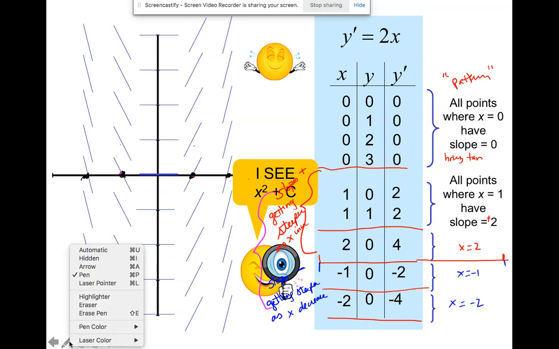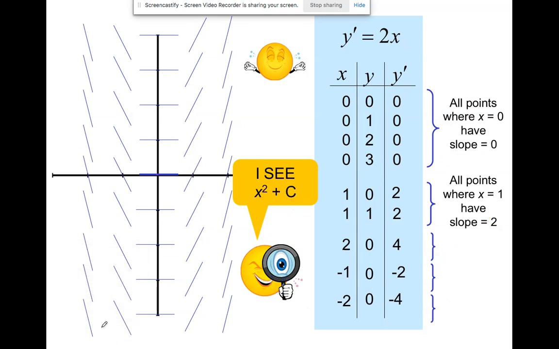Do you see what I see? In your slope field, do you see x squared plus a vertical shift? There it is, right? It's kind of like those magic eye puzzle books, when you blur your eyes and something comes out 3D at you. Well, if you are looking at this slope field, you can see the solution.